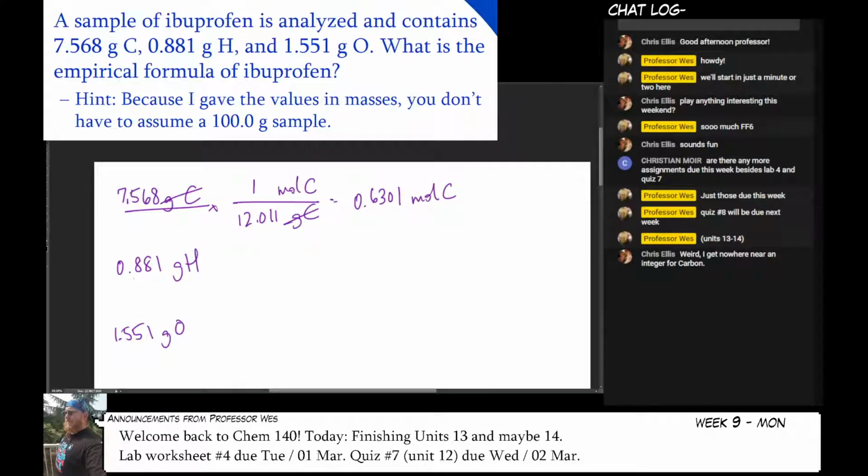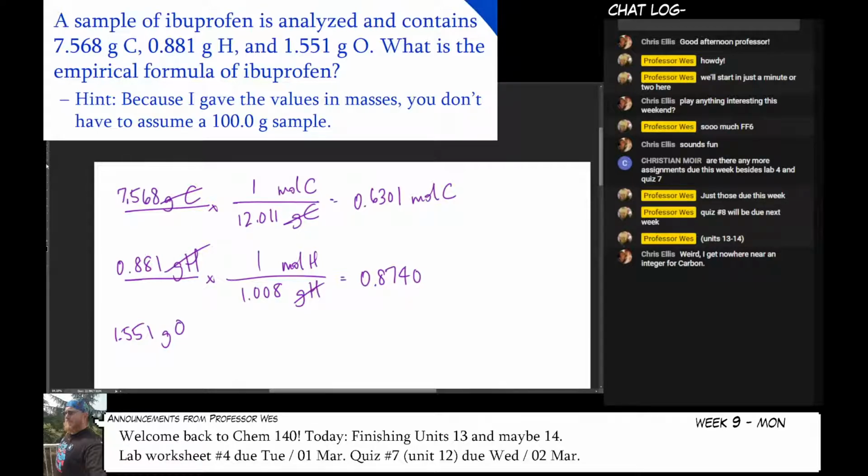All right. Got to do the same thing for hydrogen here. So there's my hydrogen. I hit the wrong number there, too. Okay, so I get 0.8740.